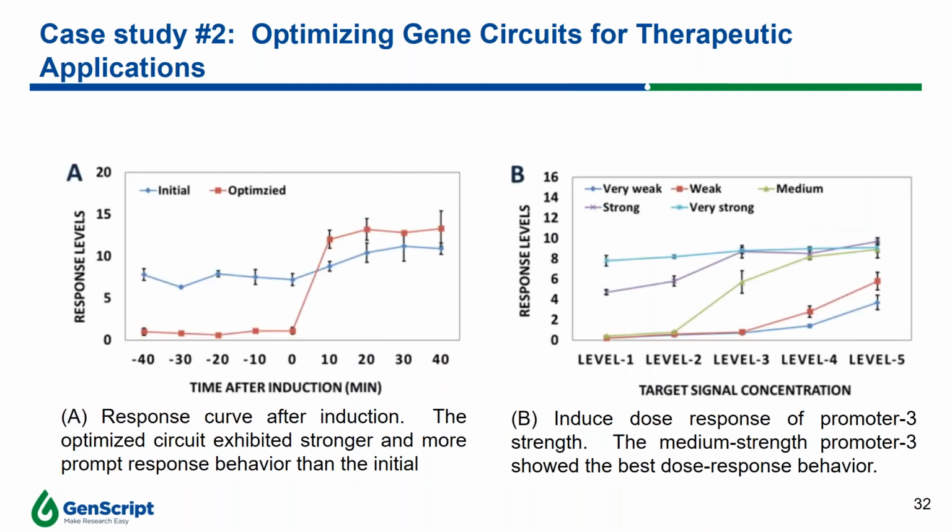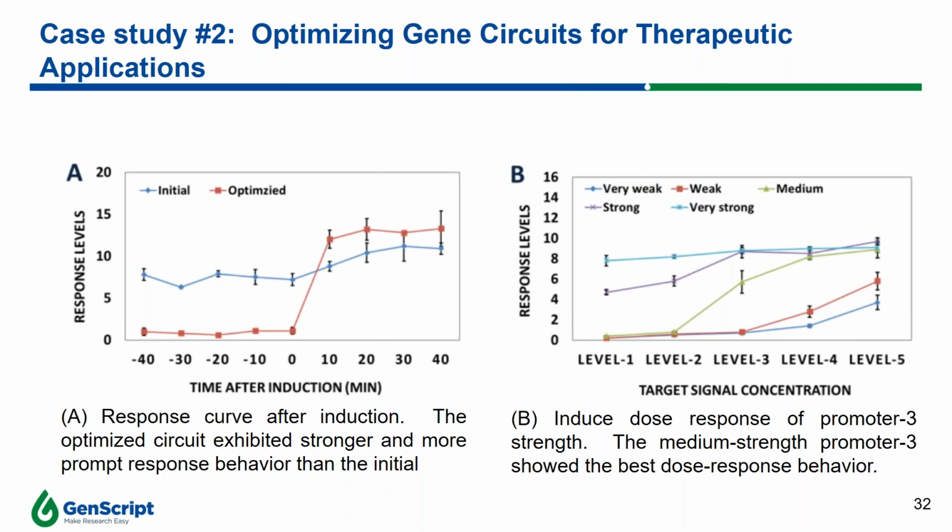So here are the performance testing results that we received back from our client. What the client did was to conduct its own test to identify the mutants with the improved traits. The panels on the left-hand side demonstrate the outcome of the response curve after the induction.